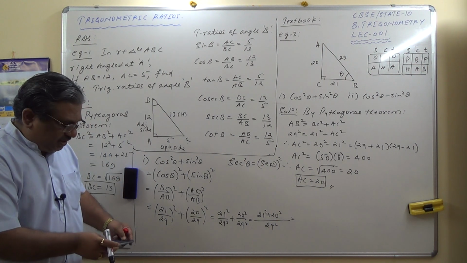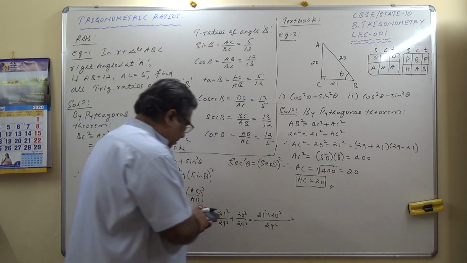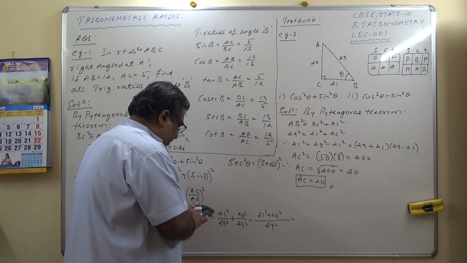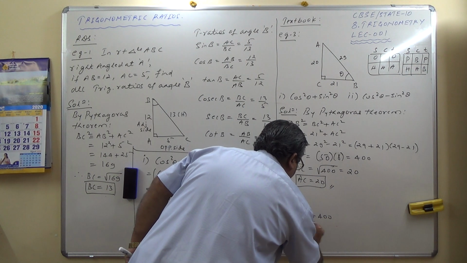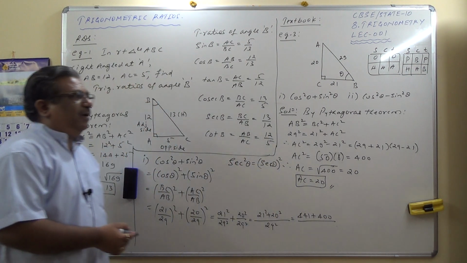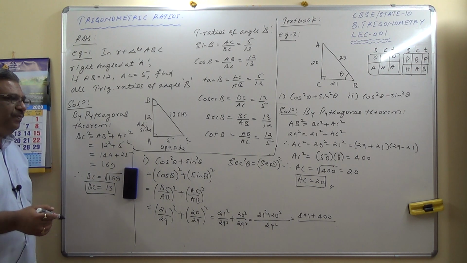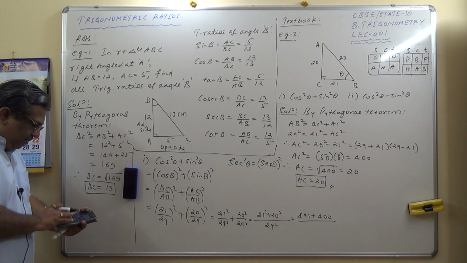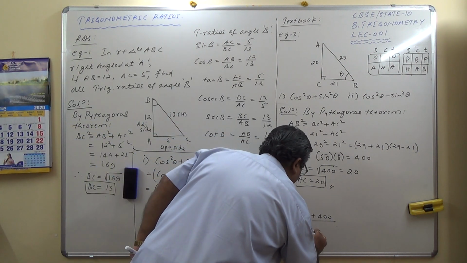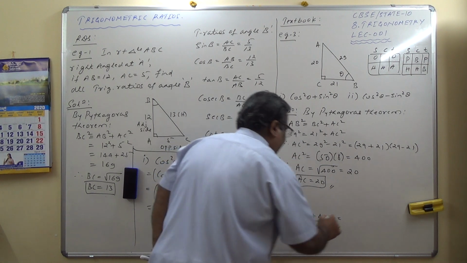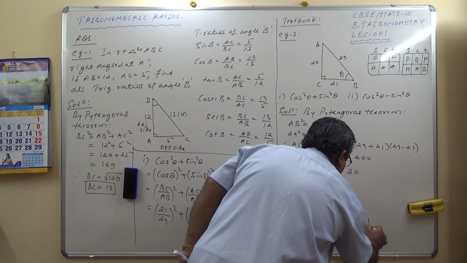How much is 21 square? 21 into 21, this is 441, plus 400, divided by, you have to remember all this, 29 square. 29 square will be how much? 29 into 29, which is 841. So this is 841 divided by 841, which is 1.